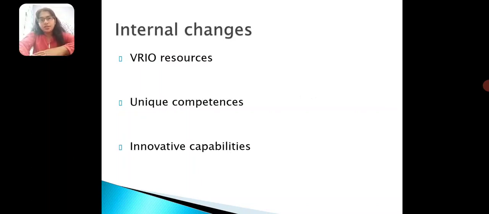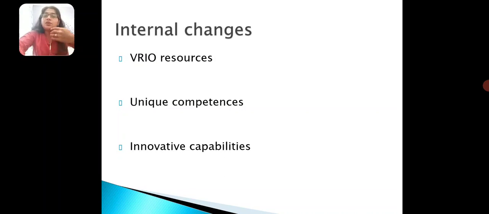Then the internal changes. Suppose the internal environment, the factors within your organization, are so excellent, like your strengths are so good and your weaknesses are very minimal, that you are creating value and an edge in the market, with valuable resources which are hard to imitate, and the opportunities that you are tapping.